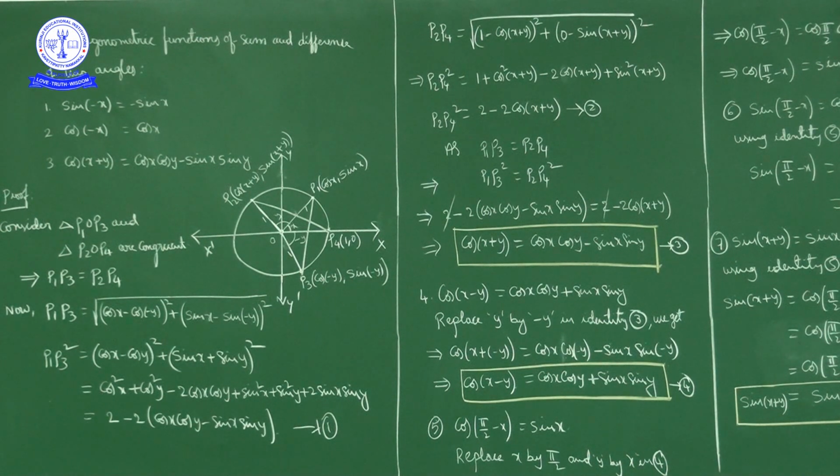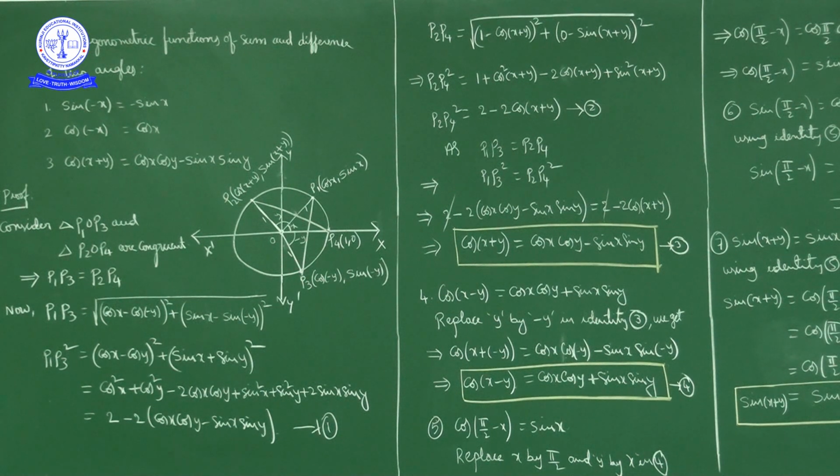The reason is, if you observe triangle P1OP3 and triangle P2OP4, OP2 and OP1 have length 1, because it is the radius of the unit circle. Next, OP4 and OP3 are also 1, the radius. Also, angle P2OP4 is x plus y, and angle P1OP3 is also x plus y.